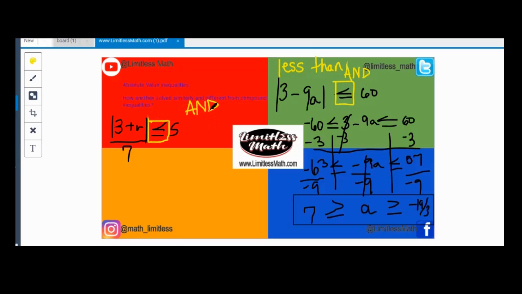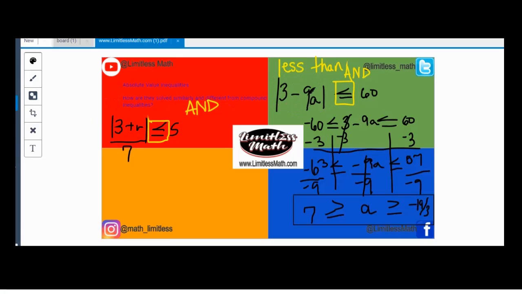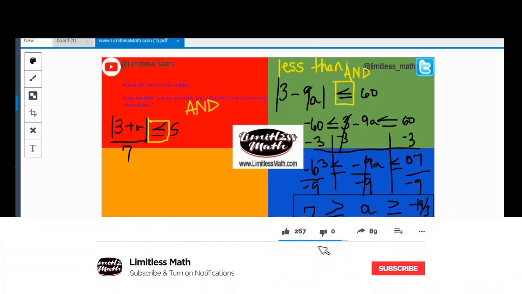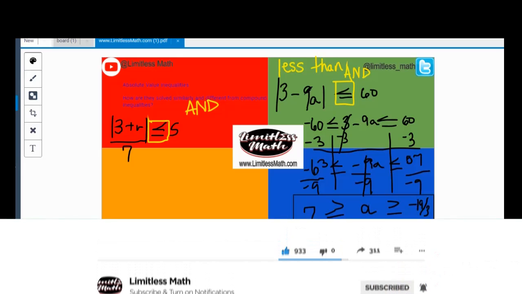Because it was less than, we use the and compound inequality rules. Before we do that, we do want to make sure that that absolute value is completely isolated. Remember in example 1, there was nothing with the absolute value on that side of the inequality. By that I mean there's nothing outside of the bars.